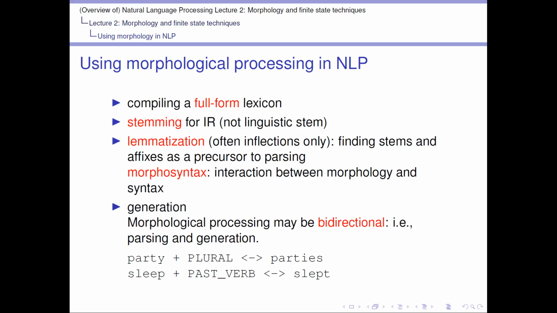And with this, we can often think about it as a two-way process. We might want to go from the word party, say, and say, right, we want to make this plural, so I want to get parties. Or we might take the word parties and we want to break it down and say, actually, that's just party in its plural form. So it's something we might want to do in two directions.